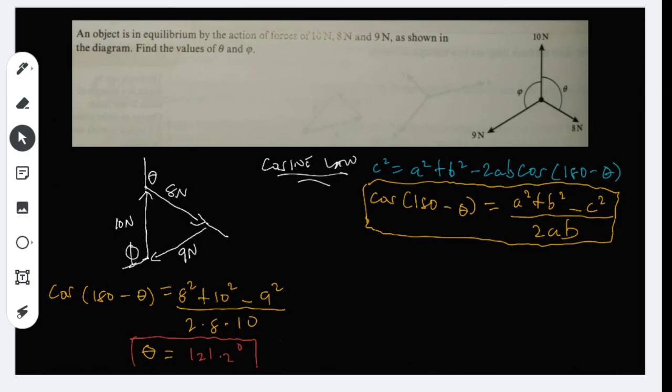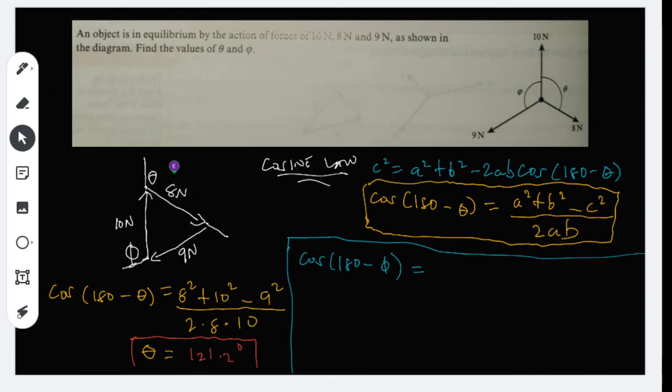Now, the same process in solving for your p. That will be cosine of 180 minus the p. Look at the location of your p. The p is between 10 Newton and 9 Newton, so 8 Newton is the opposite side.